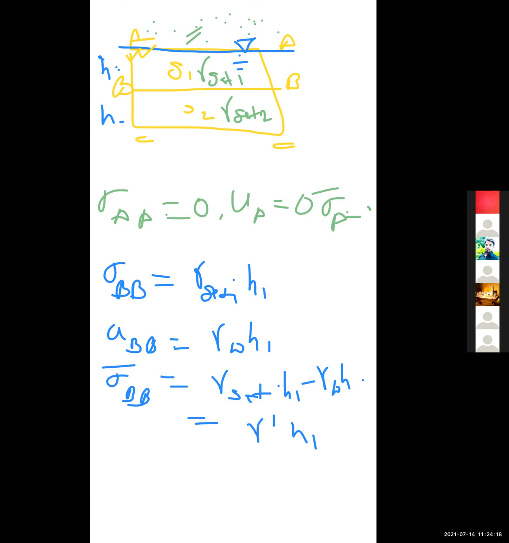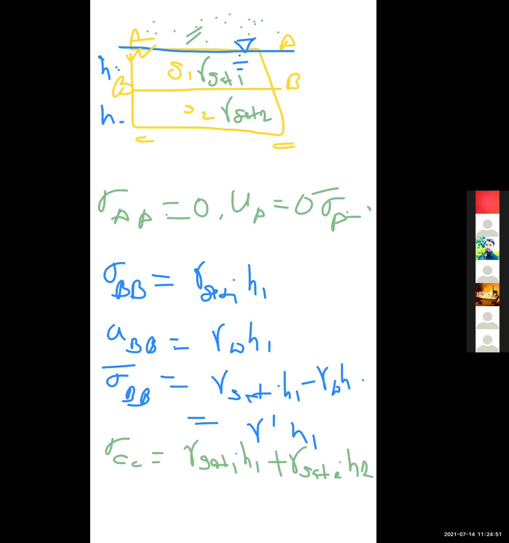Similarly, we can calculate the total stress at CC. What is the value of total stress at CC? In both zones, soil is saturated. So we can write the total stress as gamma sat 1 into H1 plus gamma sat 2 into H2.